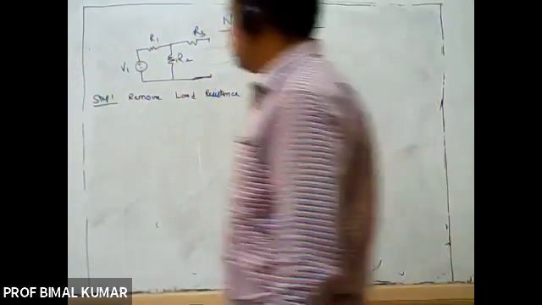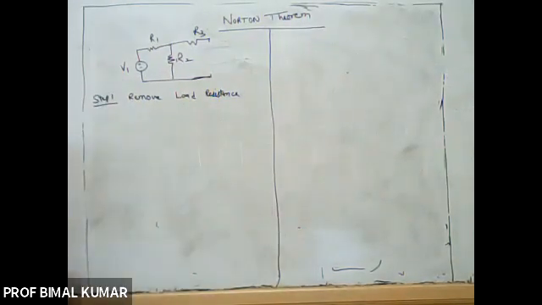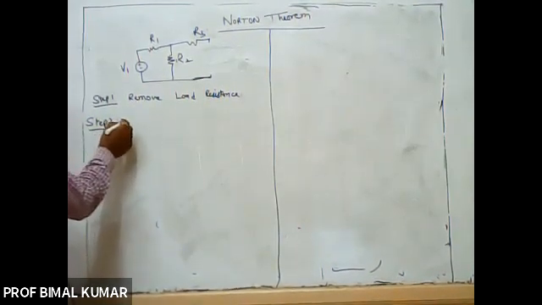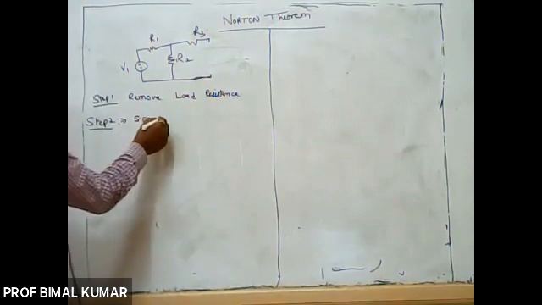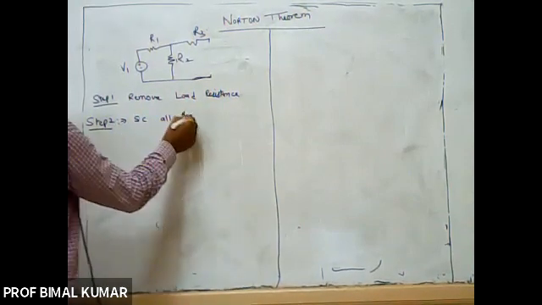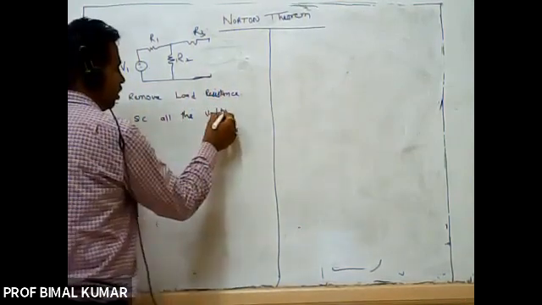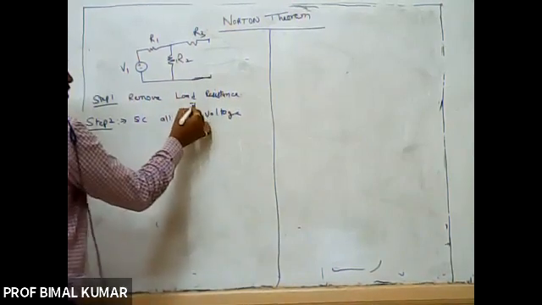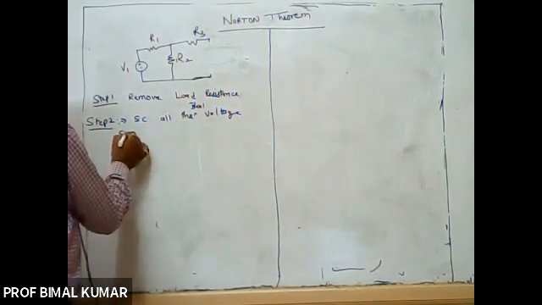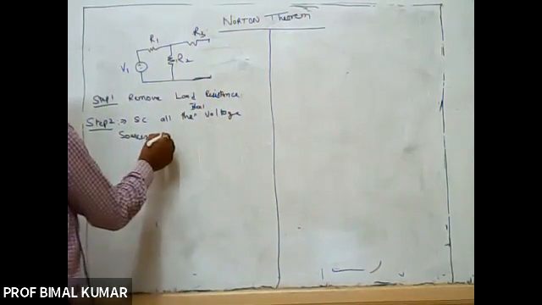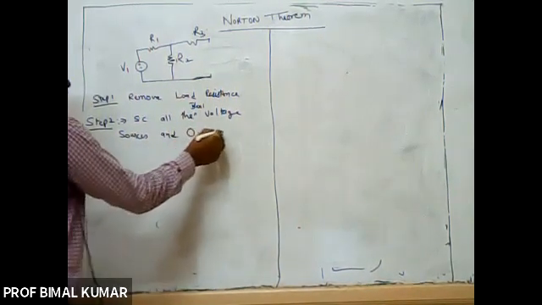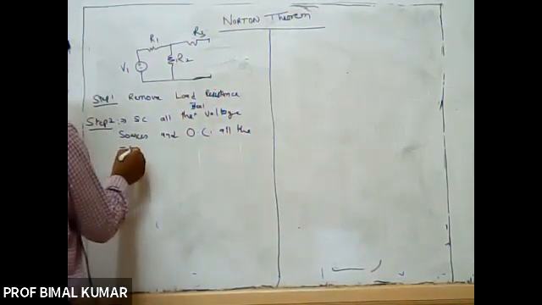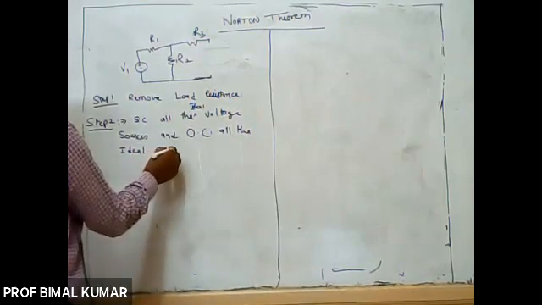Then after that, step 2 is short circuit all the ideal voltage sources and open circuit all the ideal current sources.